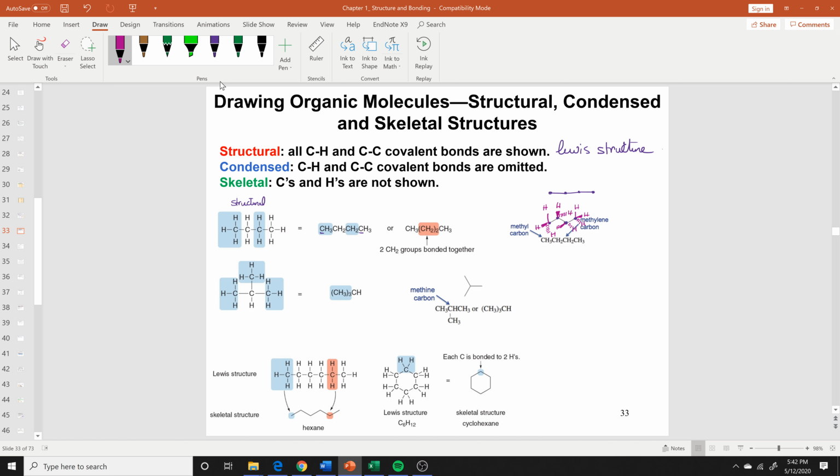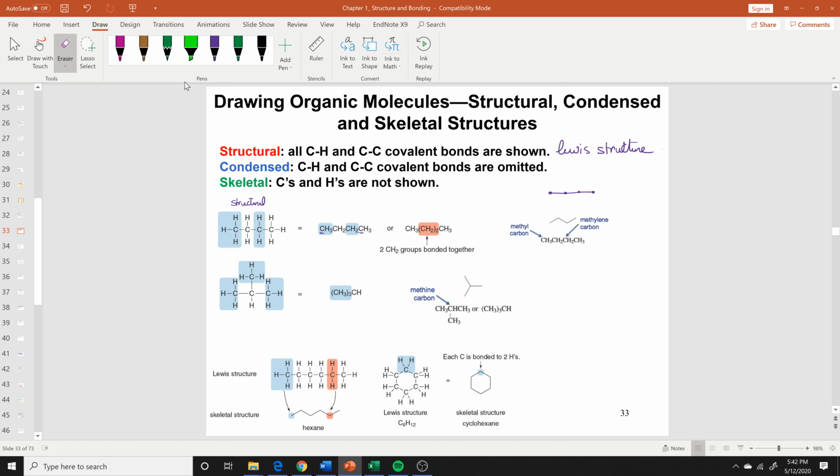My point is, when you represent a skeletal structure, you want to make sure that the carbons are the farthest away from each other. So you don't draw them in a form of a straight line, you just draw them in a form of a zigzag where the bond angle is 109.5 and the carbons are the farthest away from each other as possible.